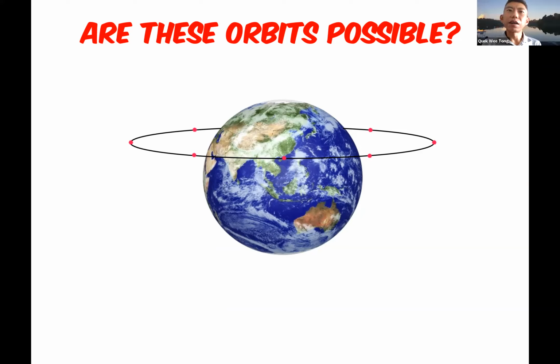Okay. Answer is cannot. You see, if you have such an orbit, the centripetal acceleration needs to be towards the center of Earth, or center of its motion, which is like here. But gravity is this way. That's a poor arrow.